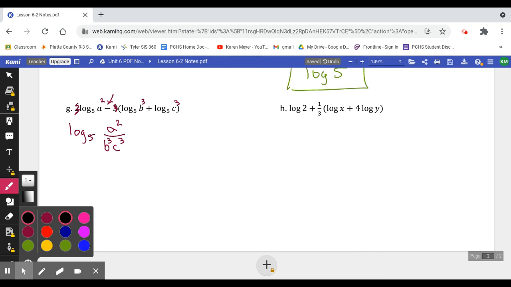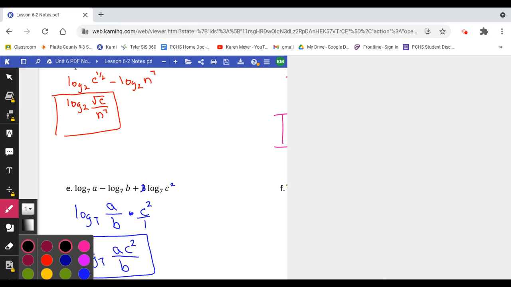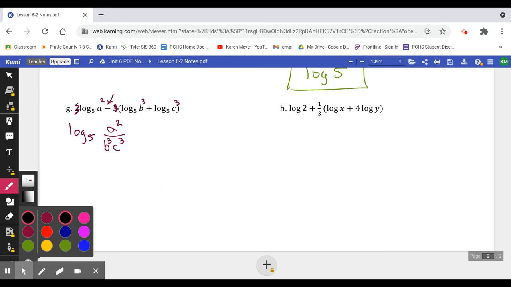Okay, I'm going to move my powers up here. So first thing I'm going to do, I'm going to move the 4 up, so it's going to be a power for the Y. Then that 1/3 is out in front, so I'm going to move that up as a power for the X. And then since I already have a power there for the Y, I'm going to multiply 4 times 1/3.